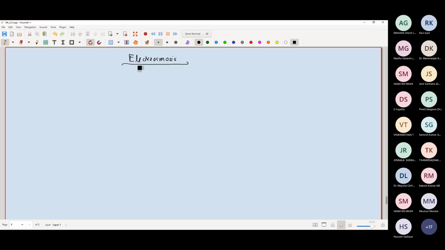Electroosmosis refers to the motion, or relative motion, of fluids due to application of an external electric field. Okay, it refers to the actuation due to an external electric field.